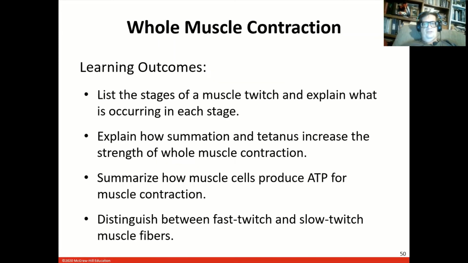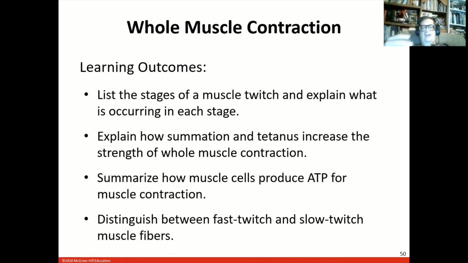Okay, let's keep going. So now we are going to do more discussion of muscle contraction. Instead of the histology and the sliding myofilaments, this is talking more about the whole muscle and the activity of the whole muscle. We'll talk about muscle twitch and probably talk about how there's slow twitch and fast twitch muscles. Summation, that's when you get multiple signals and how the muscle responds as a whole to multiple contraction signals.